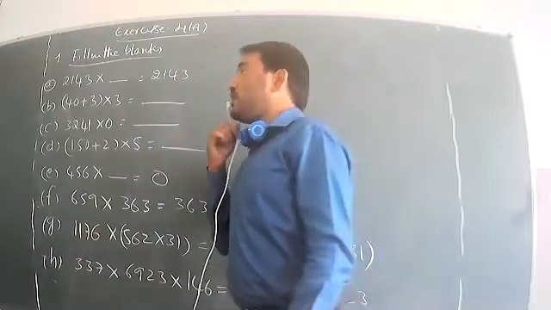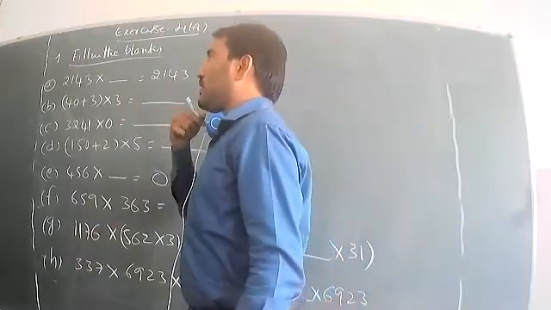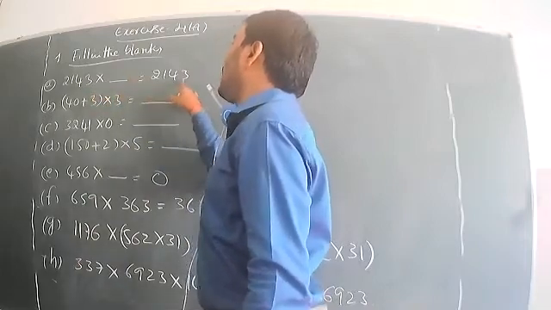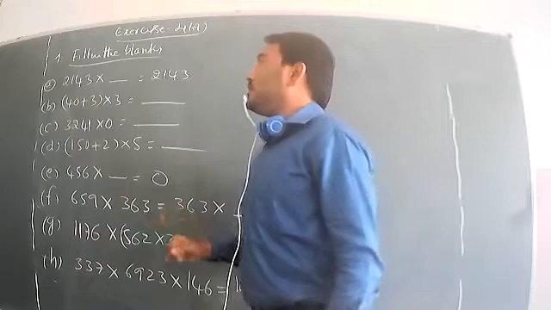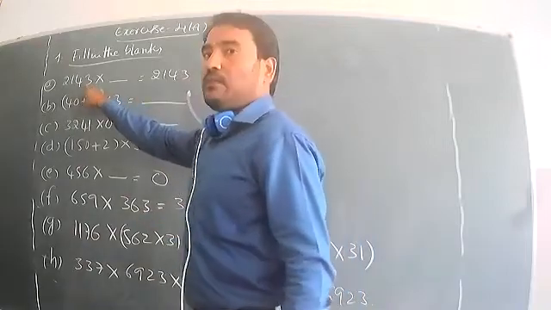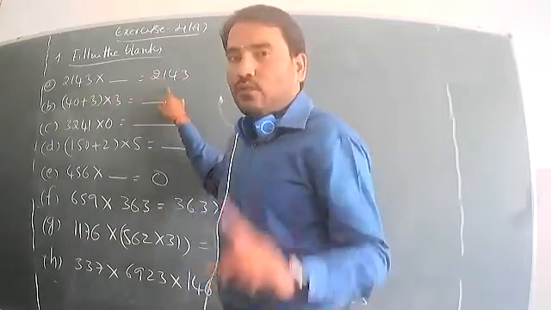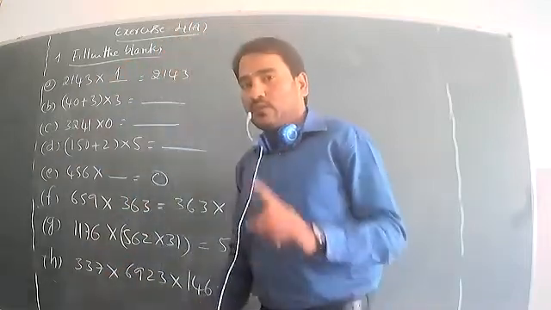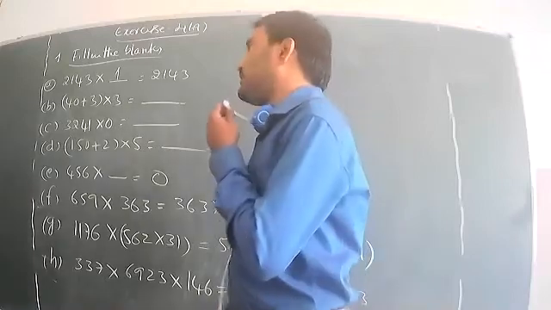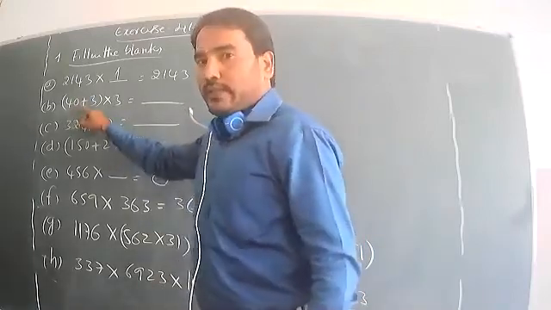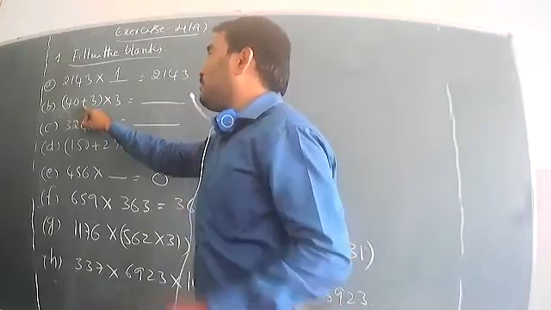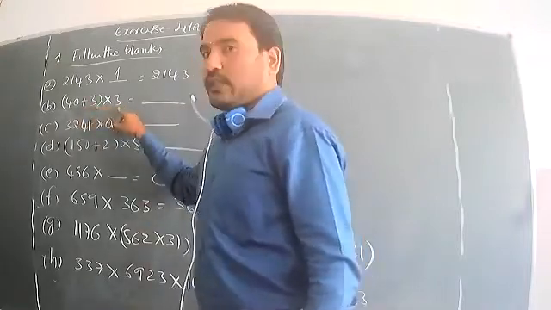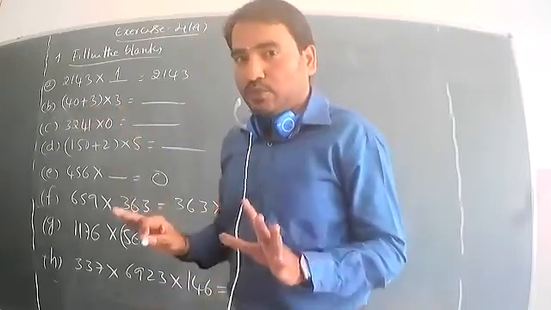Now I will go for 2143 multiplied by dash equals 2143. How much do we multiply to get the same answer? 1. We multiply by 1, so the answer is itself. Next, 40 plus 3 into 3. It is a distributive property question.